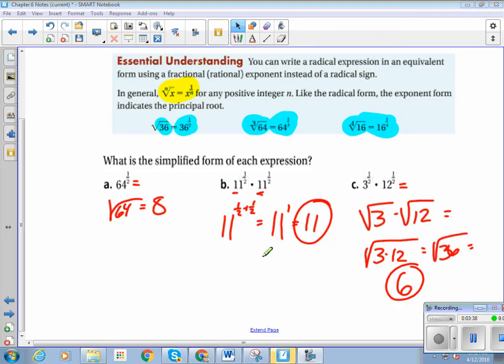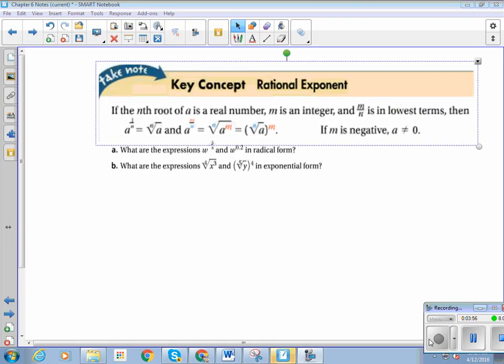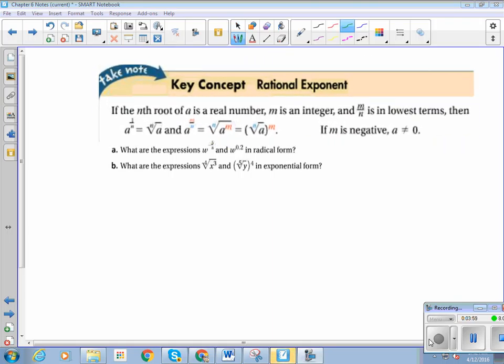Okay, so the skill here is being able to apply your square root and your root knowledge to problems with fraction exponents. All right, so talking about rational exponents, we know that when I have a base, 1 over n in the exponent is the same as that base to the nth root.